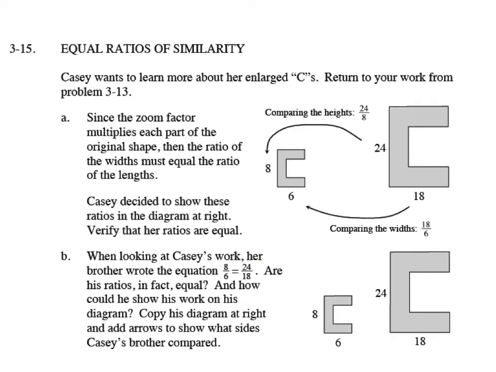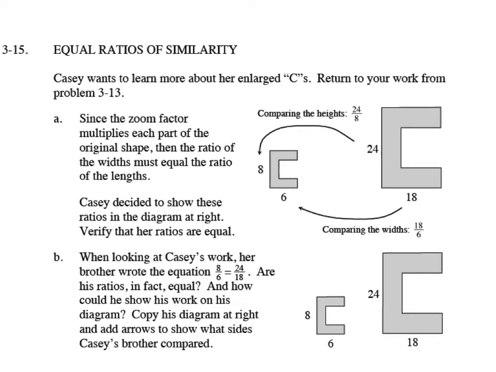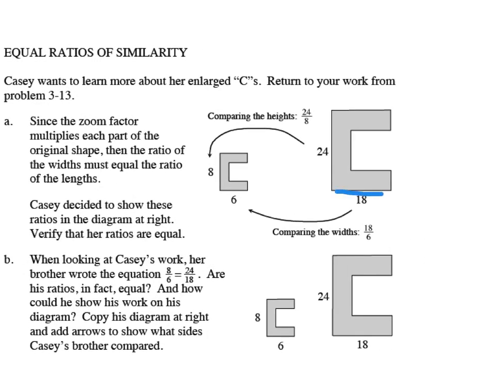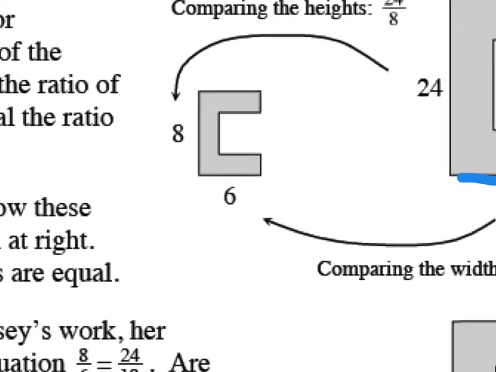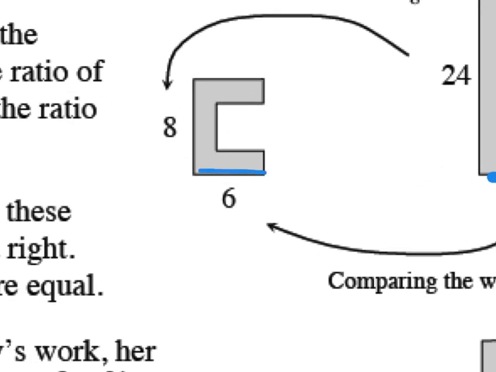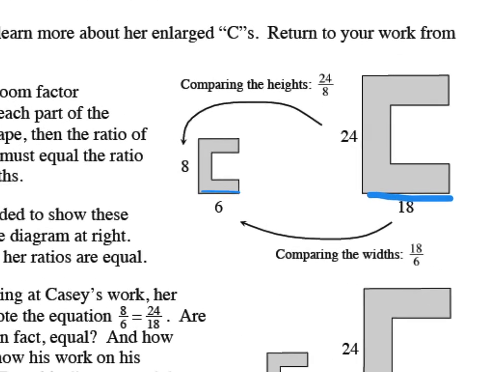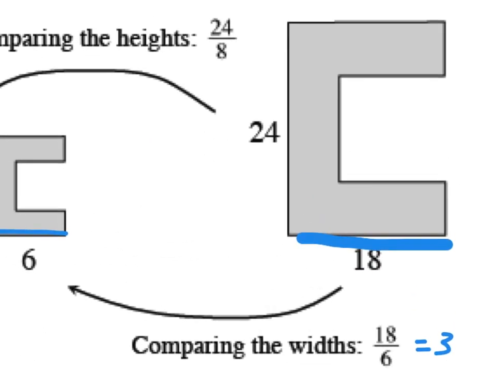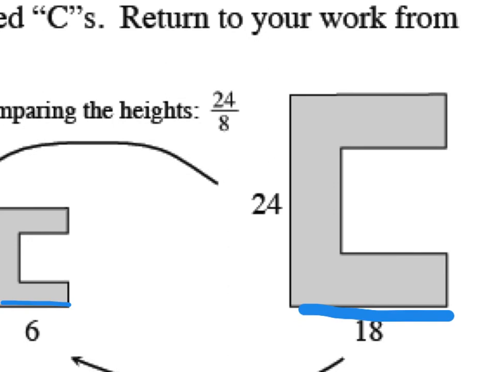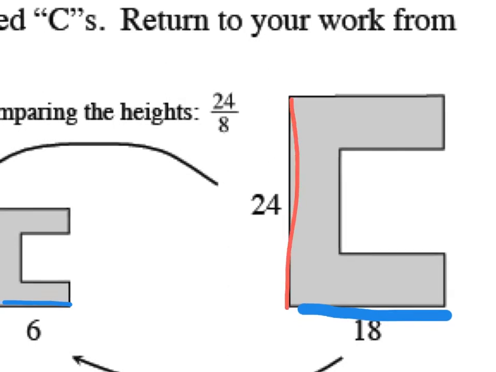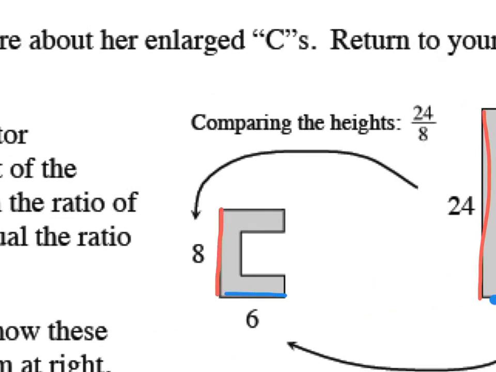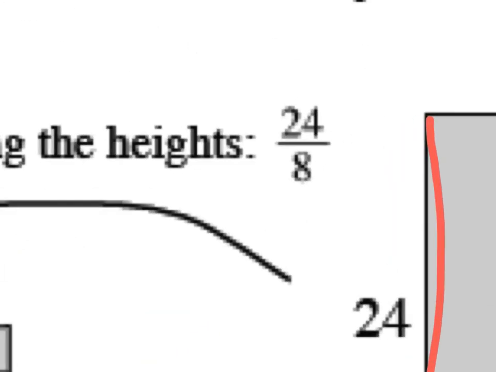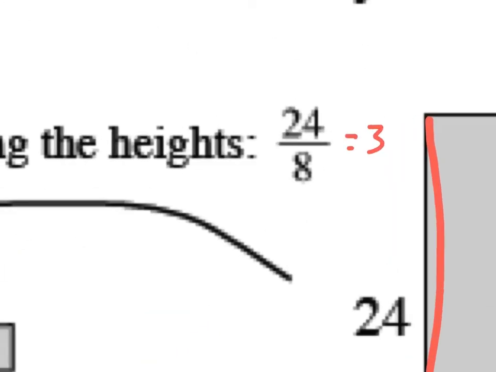Casey wanted to show that this happens. So this side length 18 corresponds to, or is in the same spot as, this side length 6. If I take 18 divided by 6, I know that's 3. That has to be the exact same ratio as this side length of 24, which corresponds to 8. And 24 divided by 8 is also equal to 3.